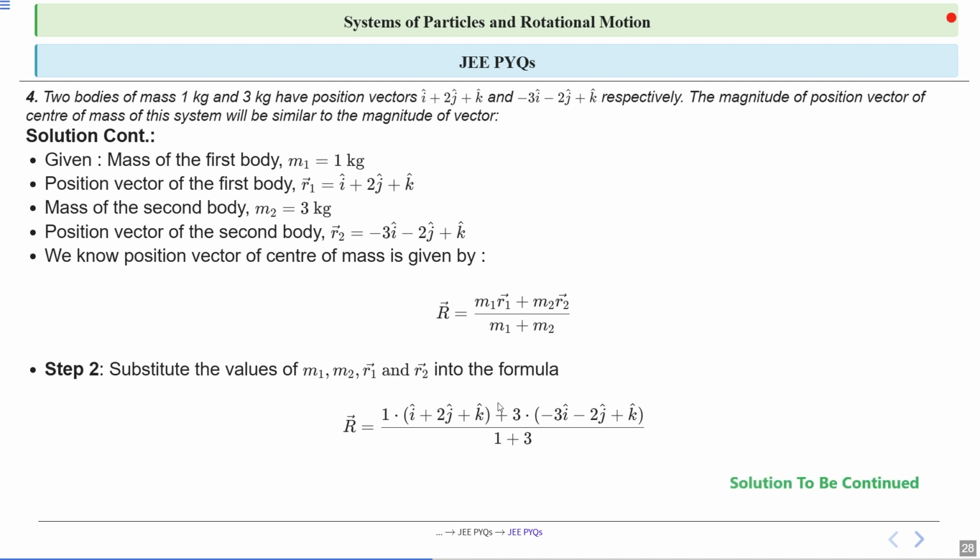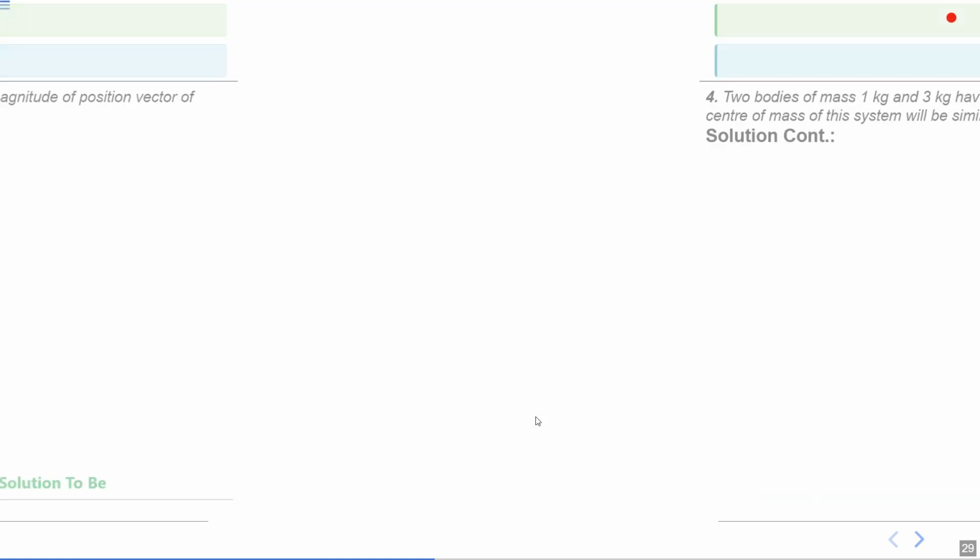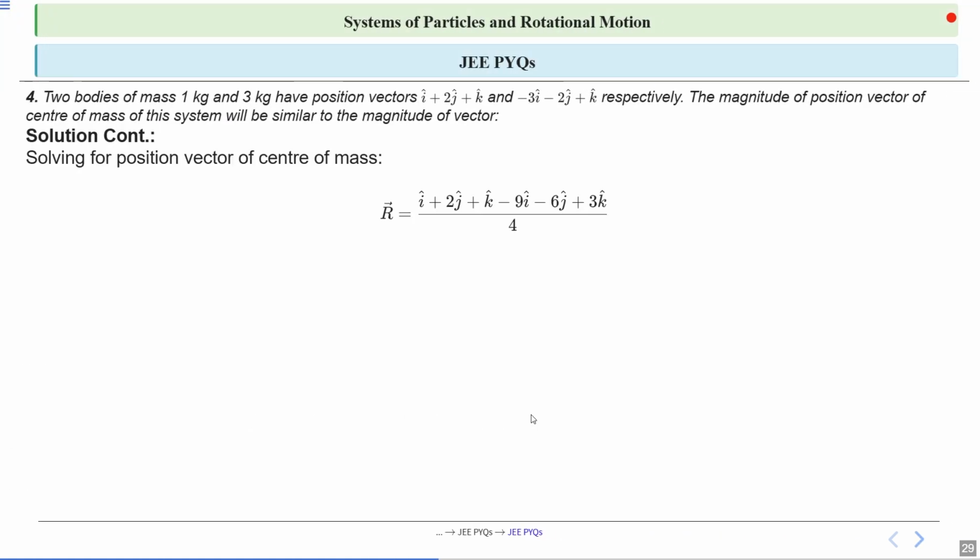Alright. Now we will solve this term. So solving for the position vector of the center of mass, it will be i cap plus 2j cap plus k cap minus 3i cap minus 6j cap plus 3k cap divided by 4.